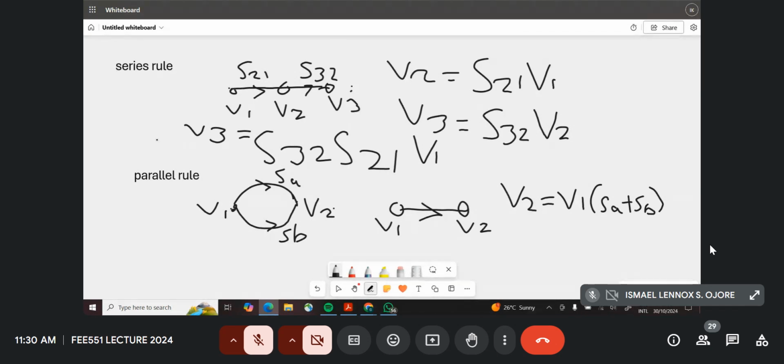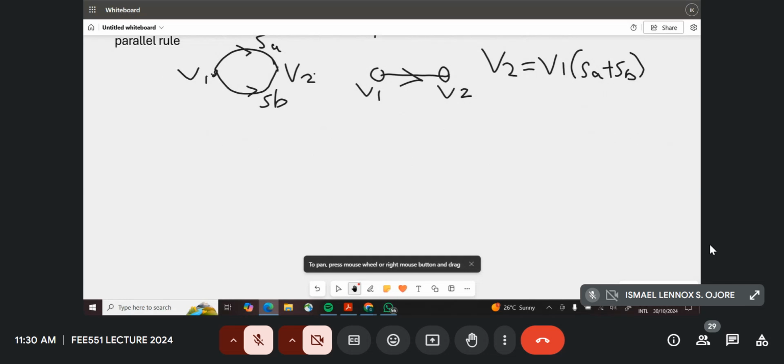Then there is the self loop rule. So in this rule, let me first draw the diagram.